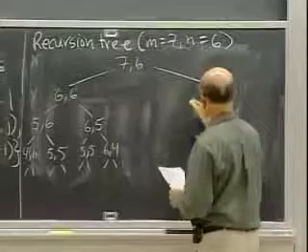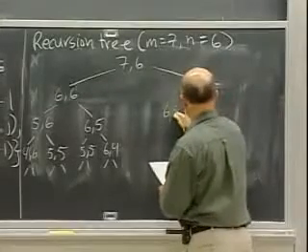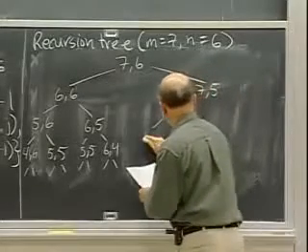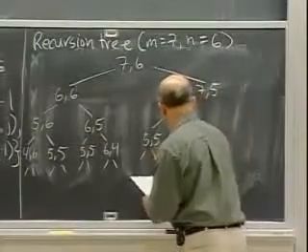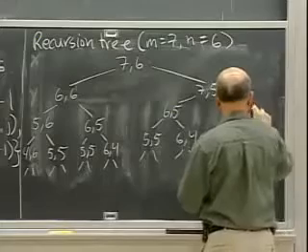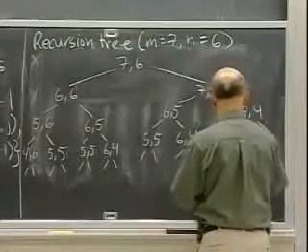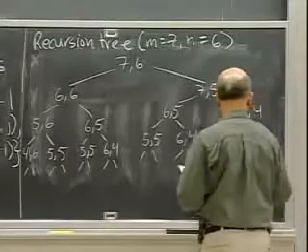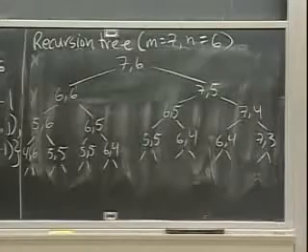Over here, I'm going to get, decrement the first index, 6, 5. I get 5, 5, 6, 4. And these guys keep going down. And over here, I get 7, 4. And then we get 6, 4, 7, 3. And those keep going down. So we keep just building this tree out. Okay.